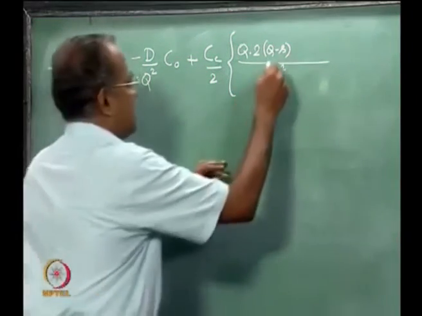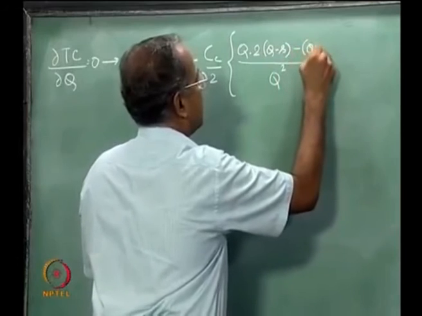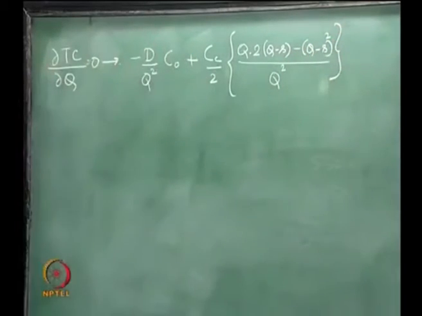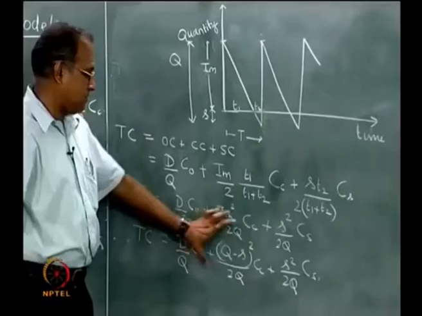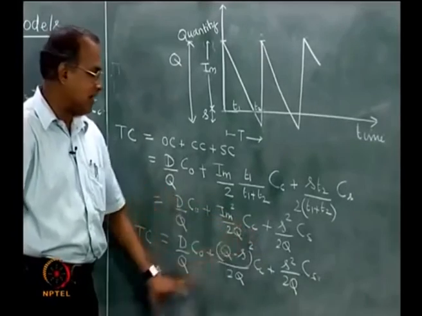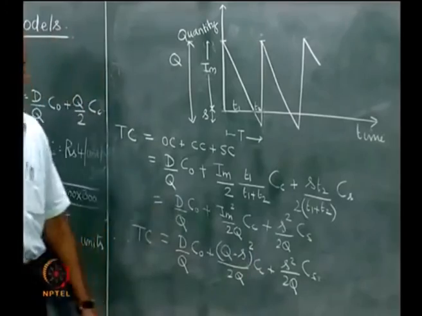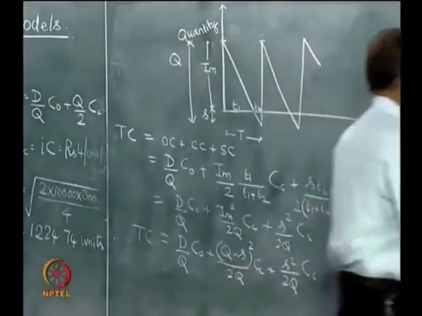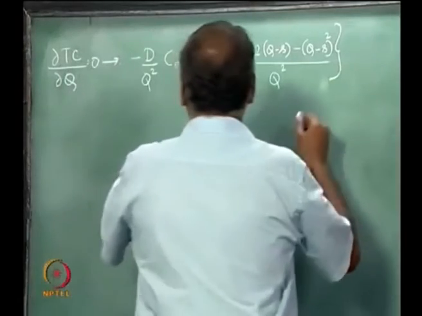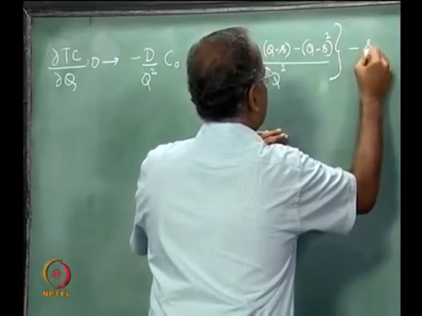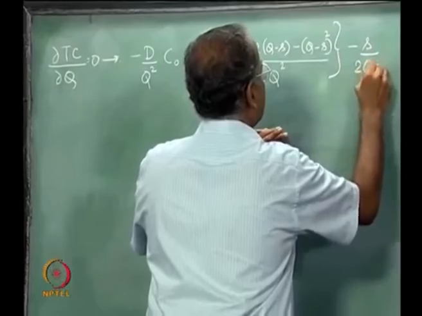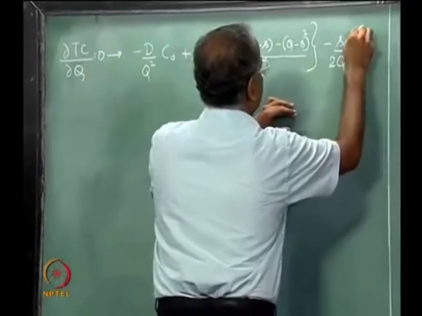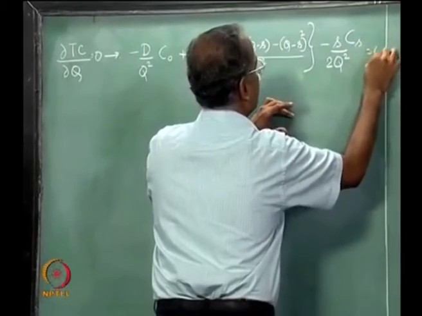So, minus q minus s the whole square is what we have here. This term q appears only in the denominator, so it is easy to differentiate, minus s by 2q square into Cs equal to 0.